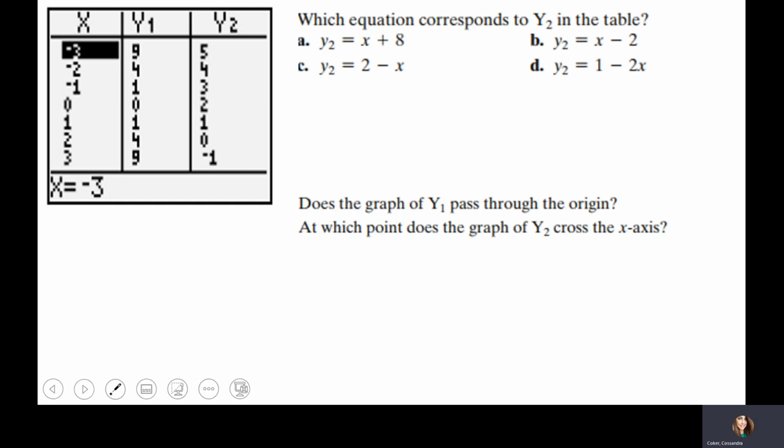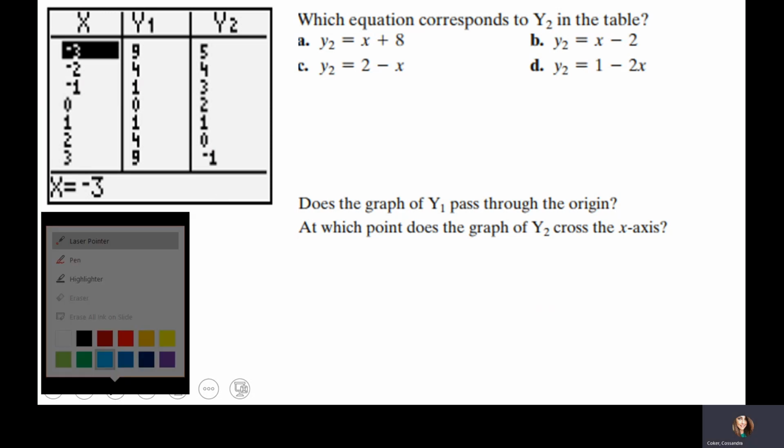It says which equation corresponds to y2 in the table. Notice that you've got the same x values for both sets of y. So we've got to determine which equation has the relationship from this x to that y.